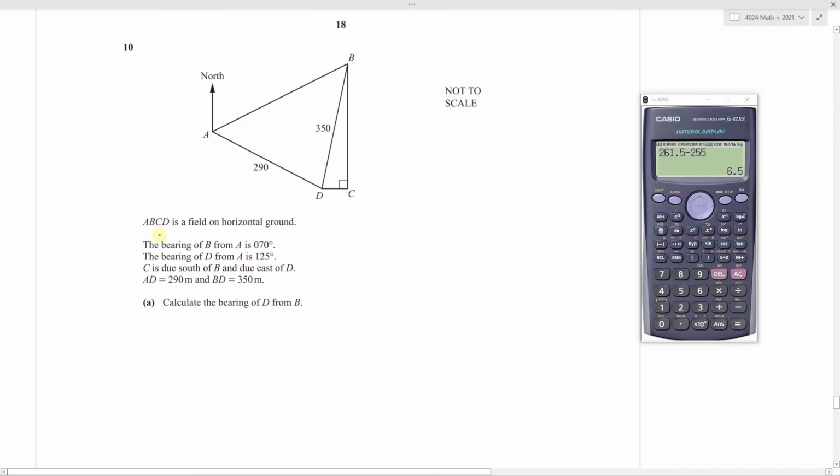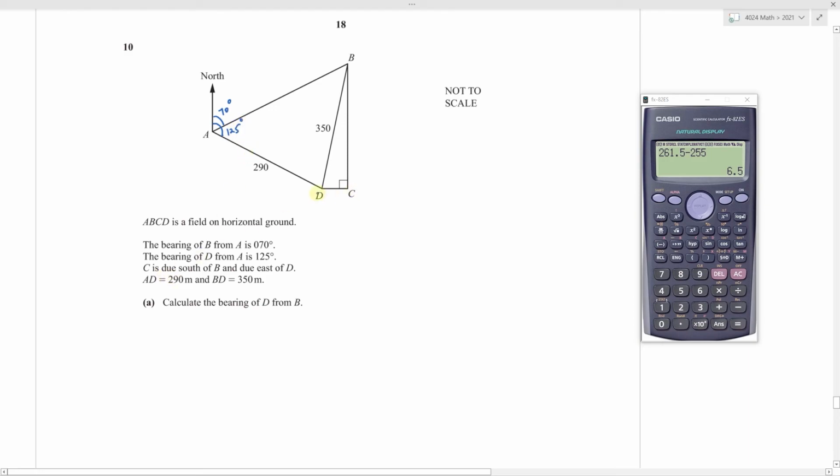Question number 10. ABCD is a field on horizontal ground. The bearing of B from A is this value here. This is 70 degrees. The bearing of D from A is 125, so this value here is 125 degrees.